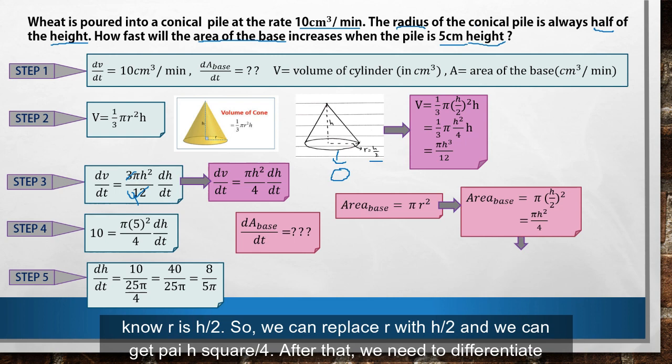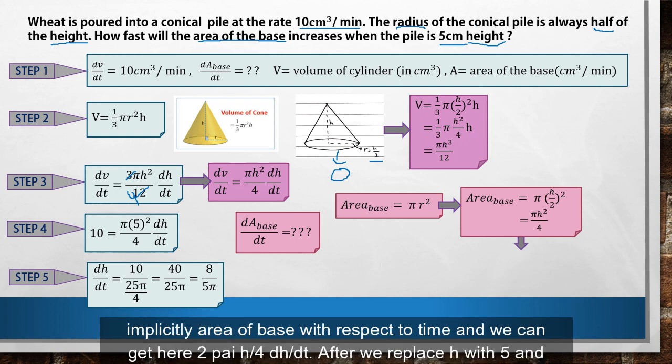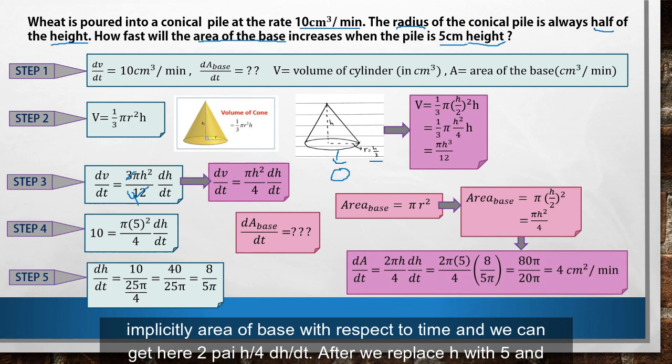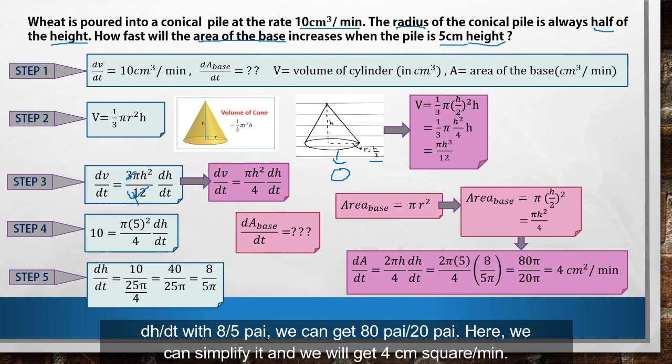After that, we need to differentiate implicitly area of base with respect to time, and we can get here 2 pi h over 4 dh over dt. And after we replace h with 5 and dh over dt with 8 over 5 pi, we can get 80 pi over 40 pi.